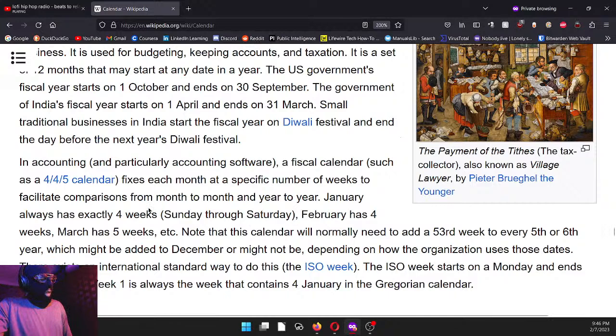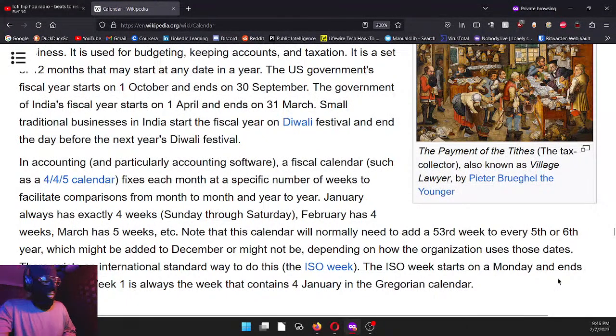January always has exactly 4 weeks, Sunday through Saturday. February has 4 weeks, March has 5 weeks, etc. Note that the calendar will normally need to add a 53rd week every 5th or 6th year, which might be added to December or might not be, depending on how the organization uses those dates.